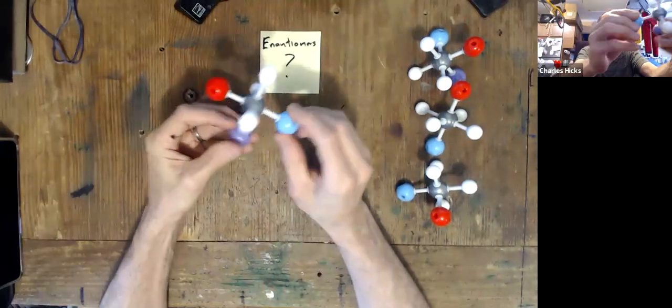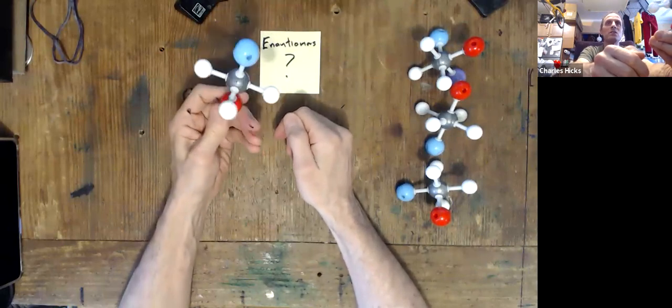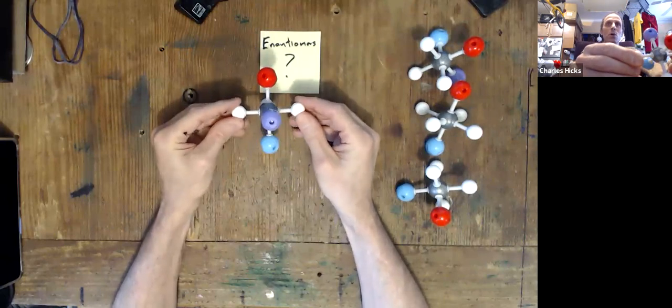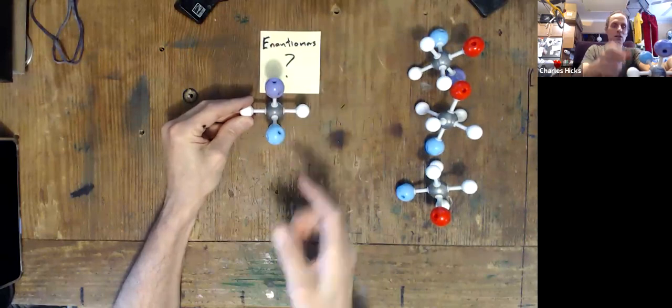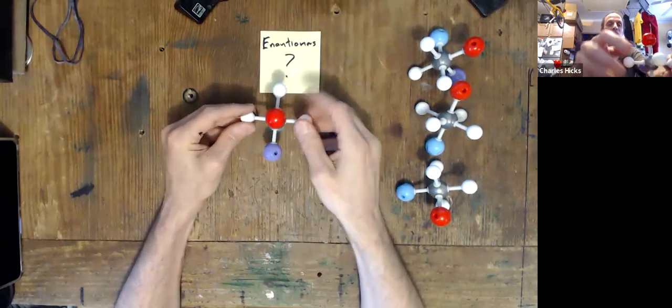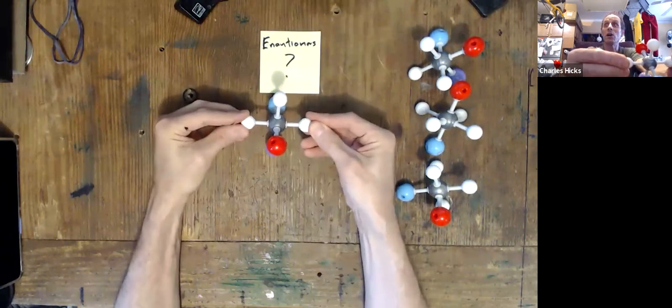Now, this is an isomer of that. This has the same collection of atoms, but in the way the atoms are arranged here, we find, in fact, there is a mirror plane. If we hold the molecule like this, we could slice exactly down the middle here. We would slice in half the blue nitrogen atom, the purple phosphorus, the red oxygen, and the hydrogen. And on both sides, we would have these hydrogens.